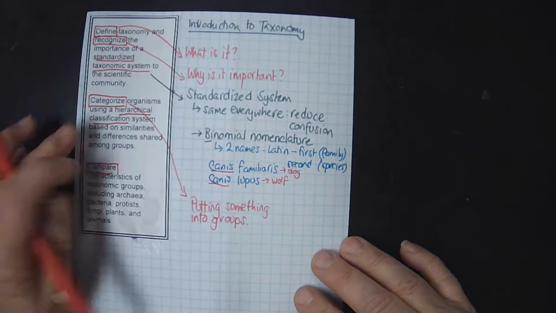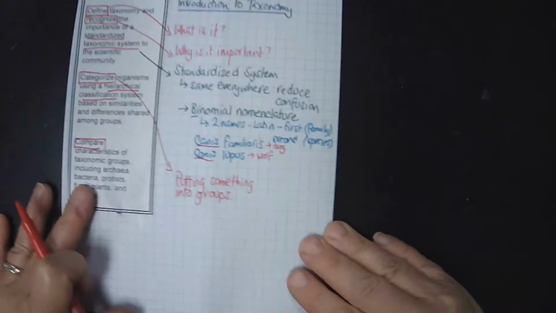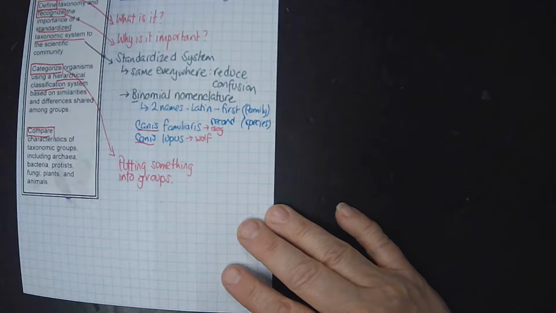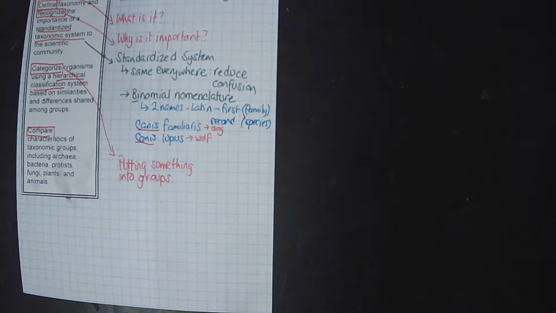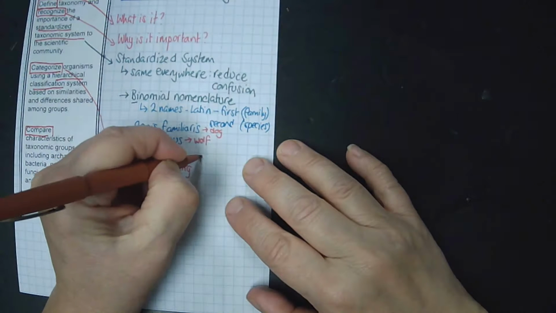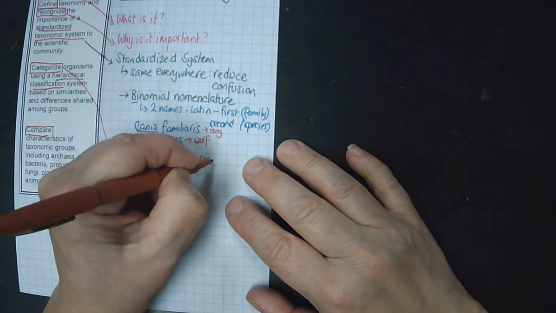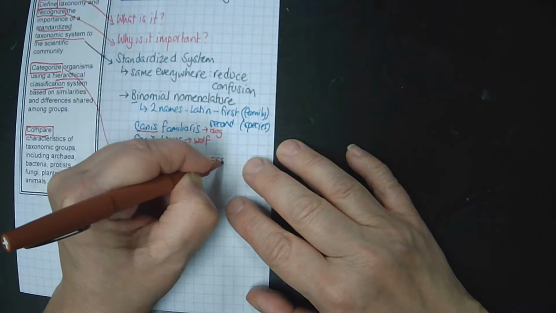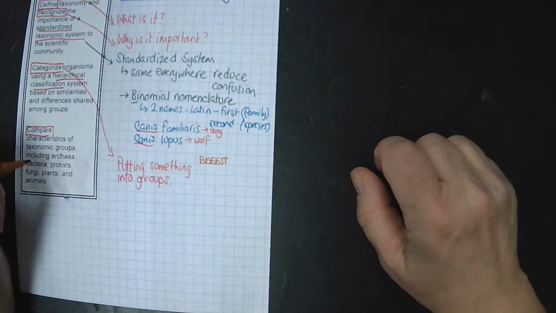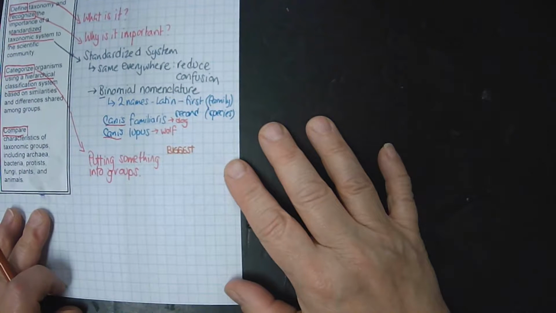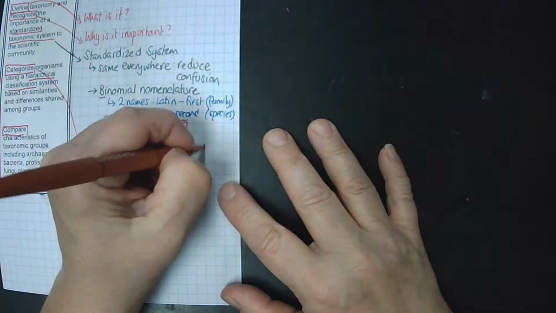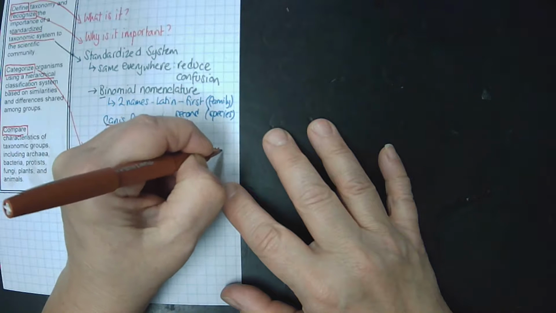And it's a hierarchical system. But hierarchy is just basically starting with something big and getting smaller and smaller and smaller. So your biggest is at the top, and that will contain the most number of different species, and we call that a domain.